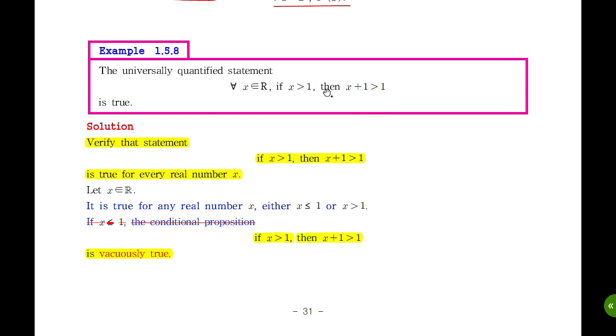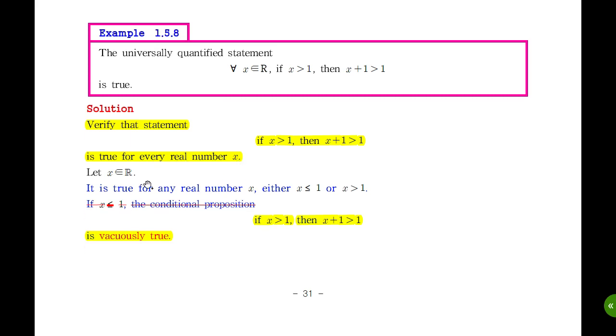In order to verify that this statement is true for every real number x, we can think of two cases. The real number x can be either less than or equal to 1, or x is bigger than 1. There are only two cases if x is a real number.